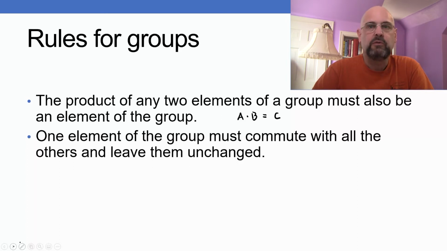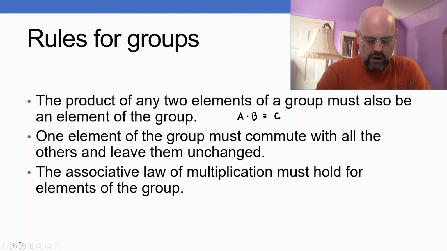So the example we used before, what about all integers? If the product is addition, then that element is going to be equal to 0. So any number added to 0 is going to give that same number back again. If it's real numbers in multiplication, then that value is 1.